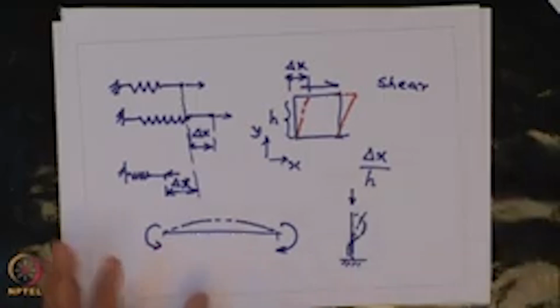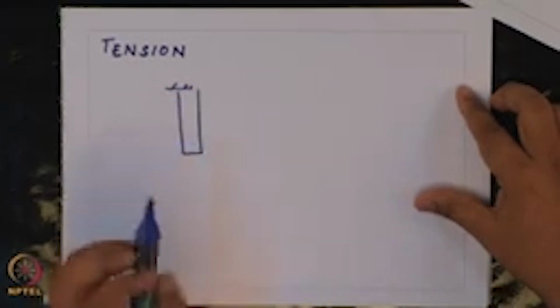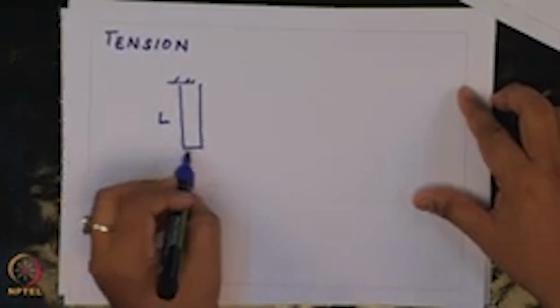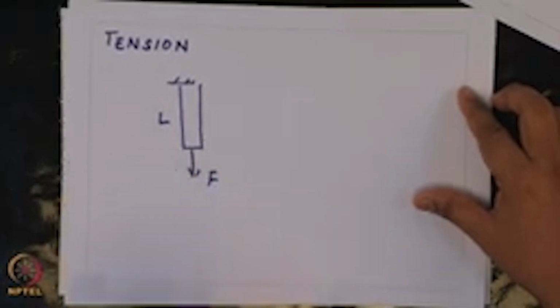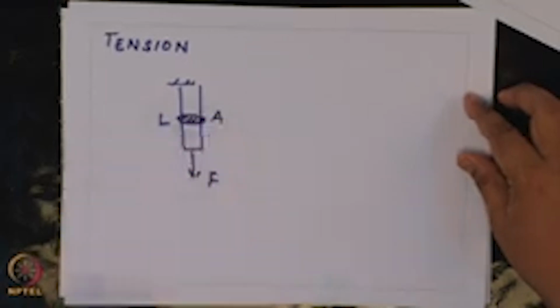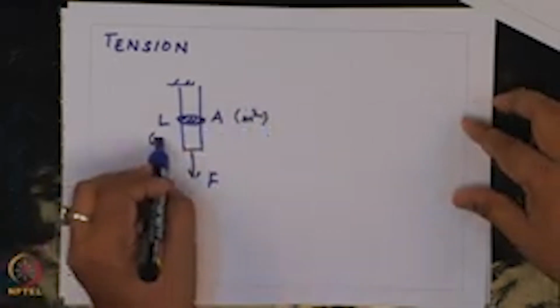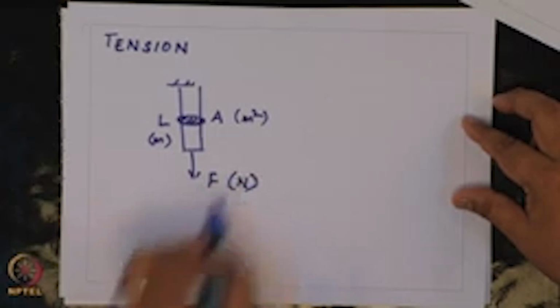Now, coming back, when you exert these forces, let us take the simplest case of tension. If you take a beam of length L, and you exert a force F, let us assume that the cross sectional area of this beam is A. A has units of meter square, length has units of meters, force has units of newtons.